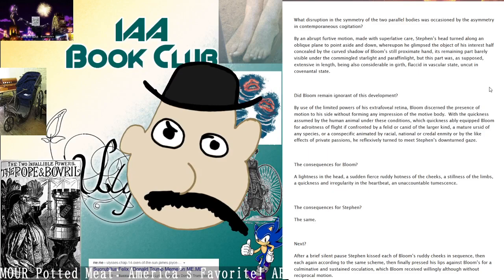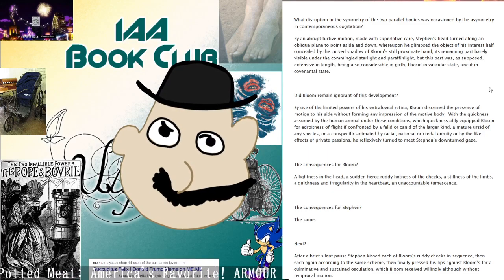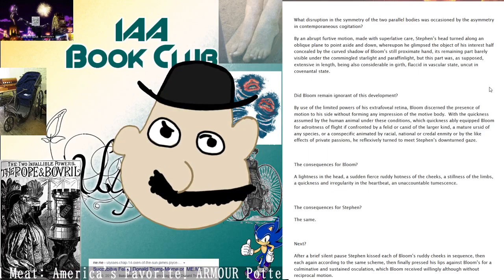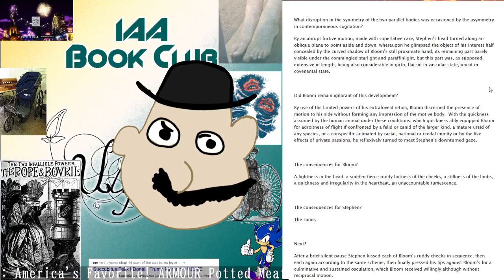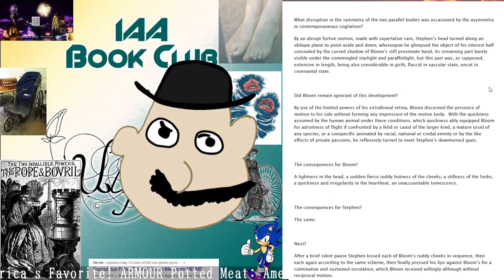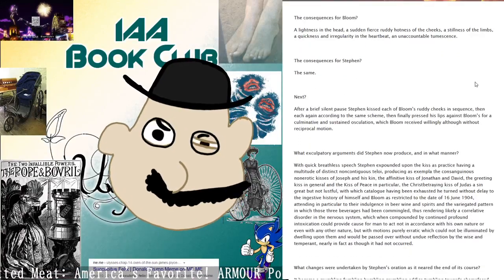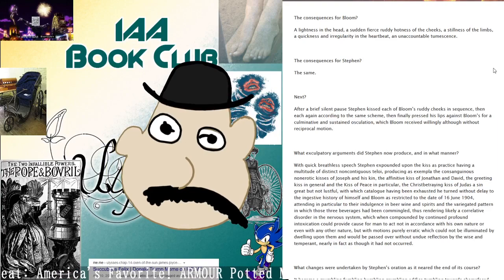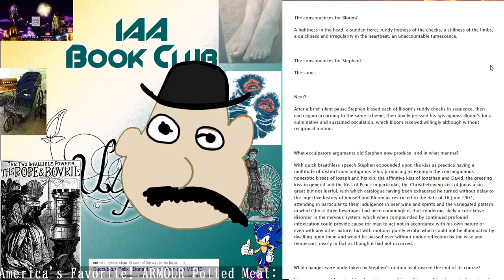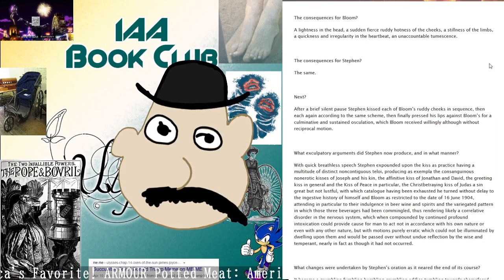The consequences for Bloom: a lightness in the head, a sudden fierce ruddy hotness of the cheeks, a stillness of the limbs, a quickness and irregularity in the heartbeat, an unaccountable tumescence. This is what you really need the Bloom Chan blush for. The consequences for Stephen: the same.